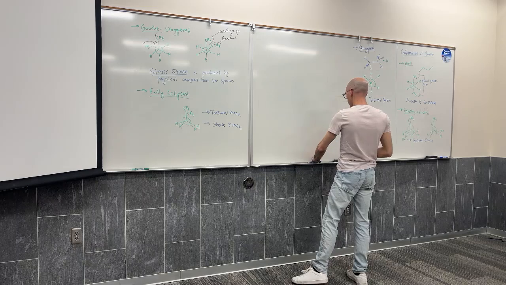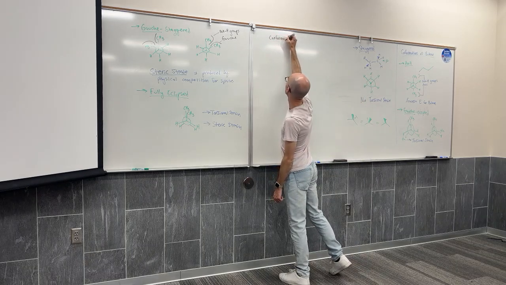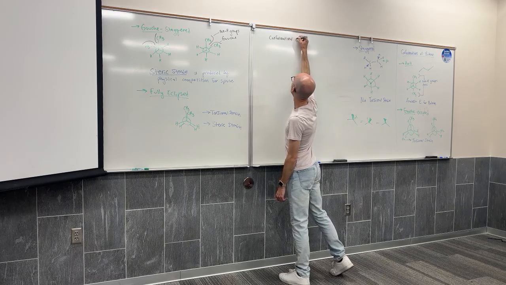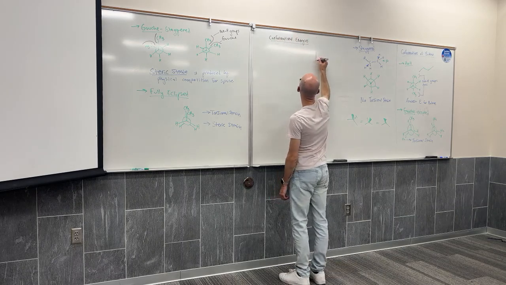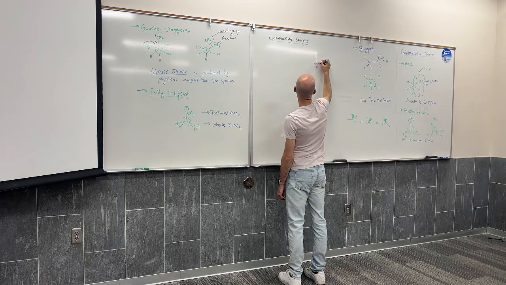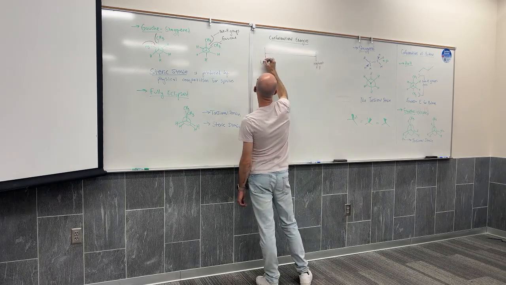So let's rank these conformational isomers then. On the right-hand side, we'll put the highest energy conformation. On the left-hand side, we'll put the lowest energy conformation.